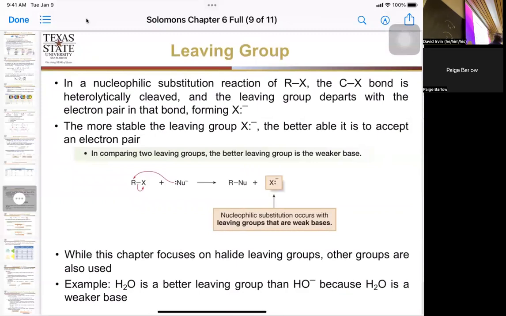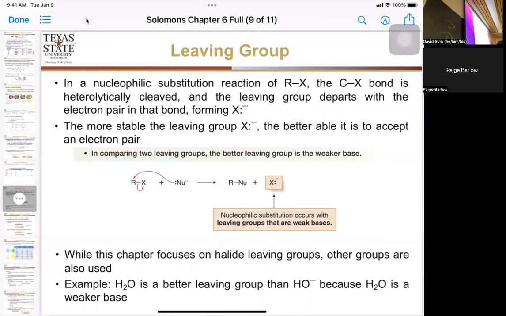So we're going to have a substitution. We're going to create a new sigma bond and break an old sigma bond. But the leaving group has to be a weaker nucleophile and tends to be a weaker base than the nucleophile we attacked with.